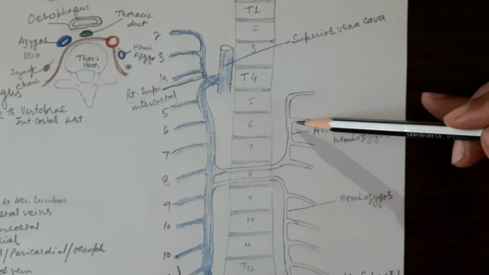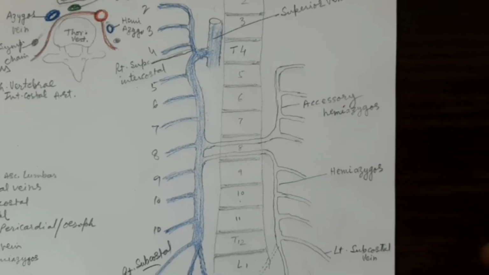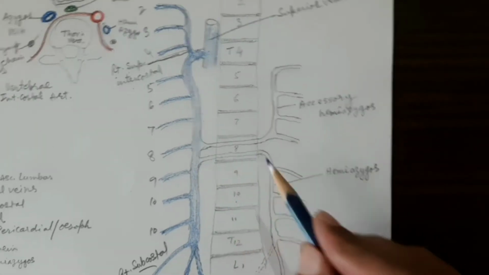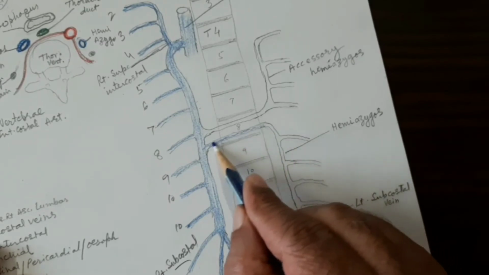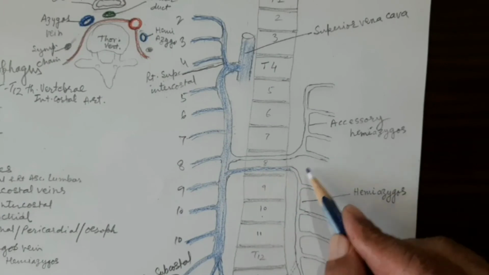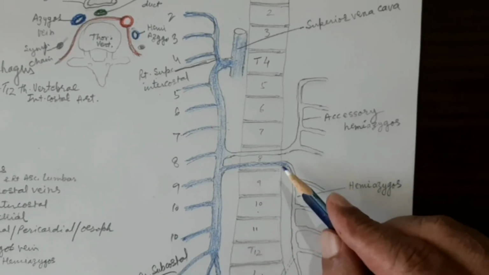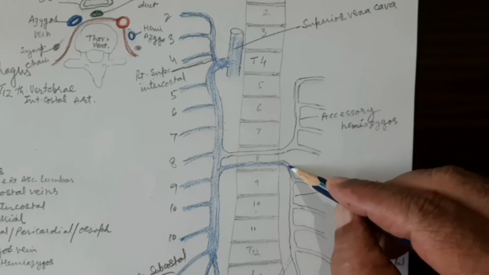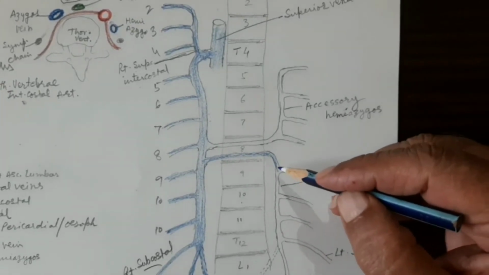Let us come first to the hemiazygos vein and how it is formed. One of the important tributaries of the azygos vein is present at the lower margin, crossing from left to right. This is the hemiazygos vein, which lies in front of the lower margin of the 8th thoracic vertebra.